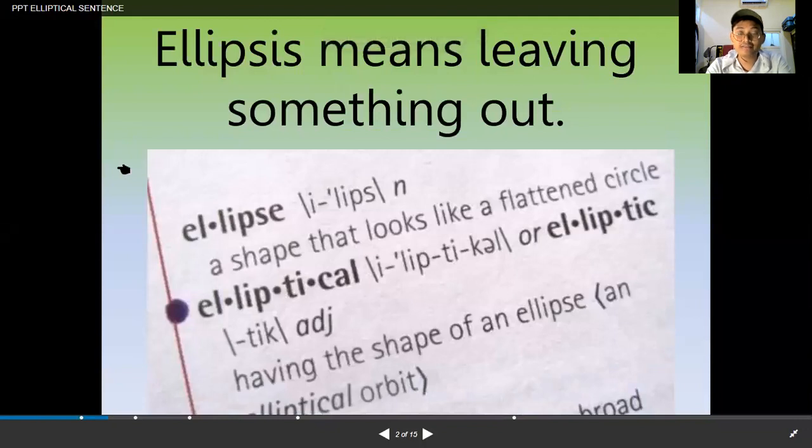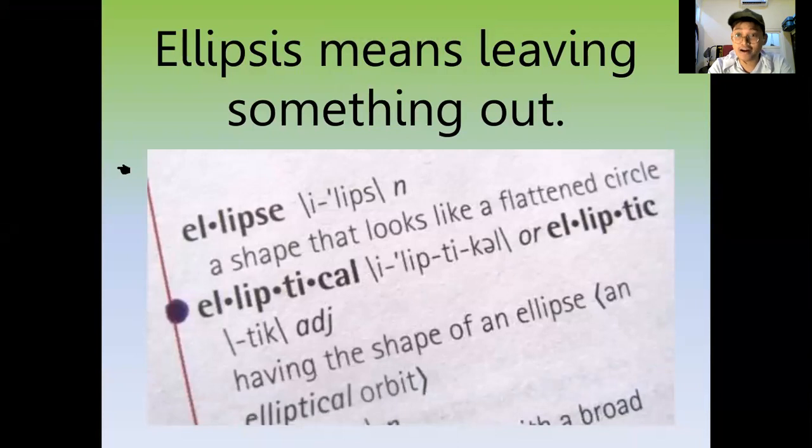First and foremost, let's define what elliptical sentences are. The noun of elliptical is actually ellipsis. Ellipsis means leaving something out, so it's like erasing or deleting, right?